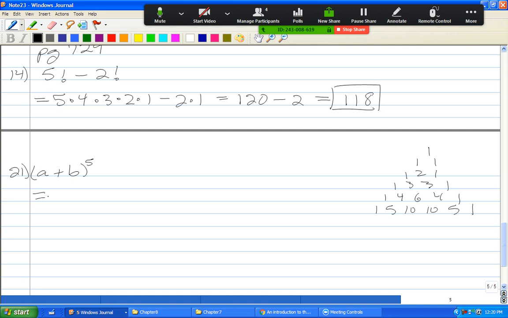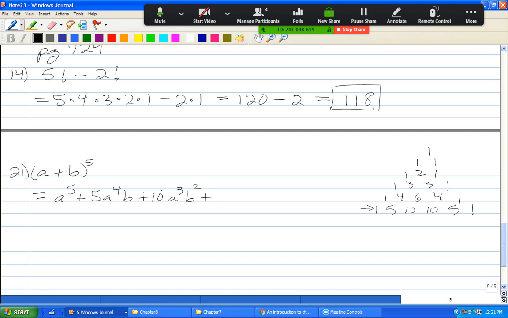And so by Pascal's triangle, I look at this last row here. It is 1 a to the fifth, plus 5 a to the fourth b to the first, plus 10 a to the third b to the second. Oh, wait, I missed the 10.